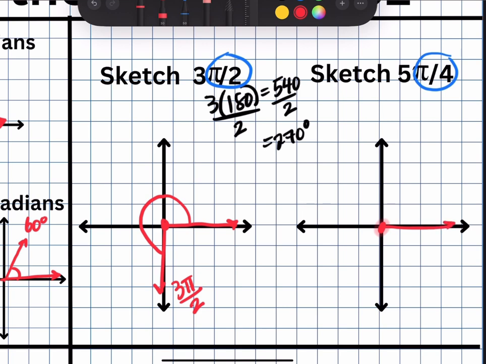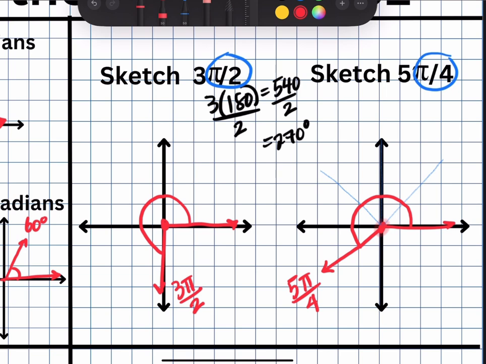So here's, well, let's see. That would be, these are all divisions of 8. And I need 5 of them. So I'm going to go 1/8, 2/8, 3/8, 4/8, 5/8 of a circle, but 5 pi's over 4.